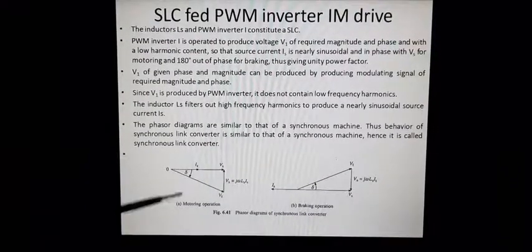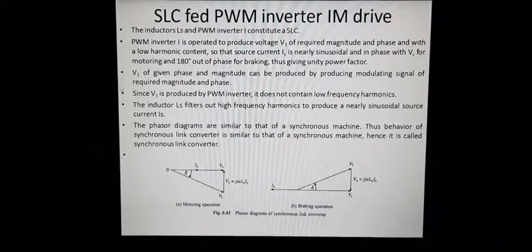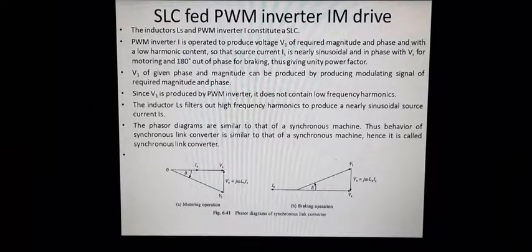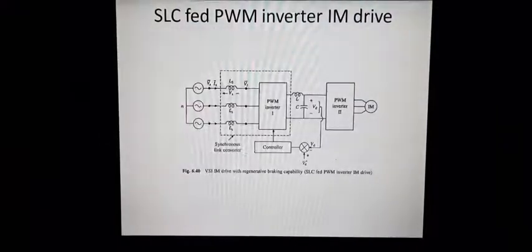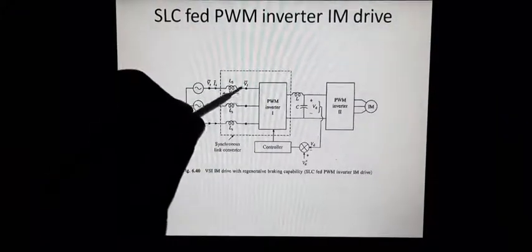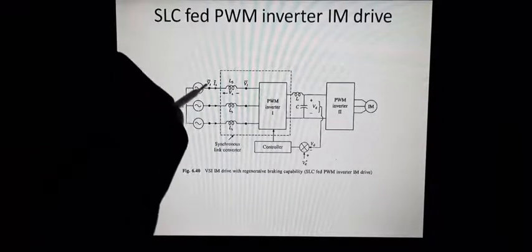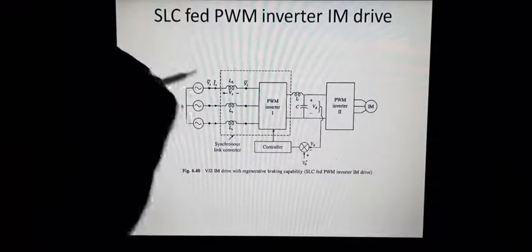This is clearly explaining the motoring operation. In the case of motoring operation, you are very well aware that the power will be flowing from the AC side to the motor side. So definitely the voltage which is coming here will be the supply voltage minus the drop across the inductor.